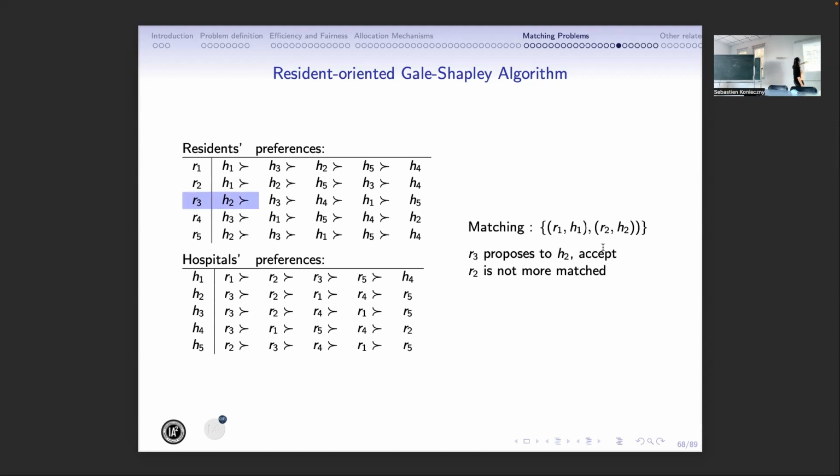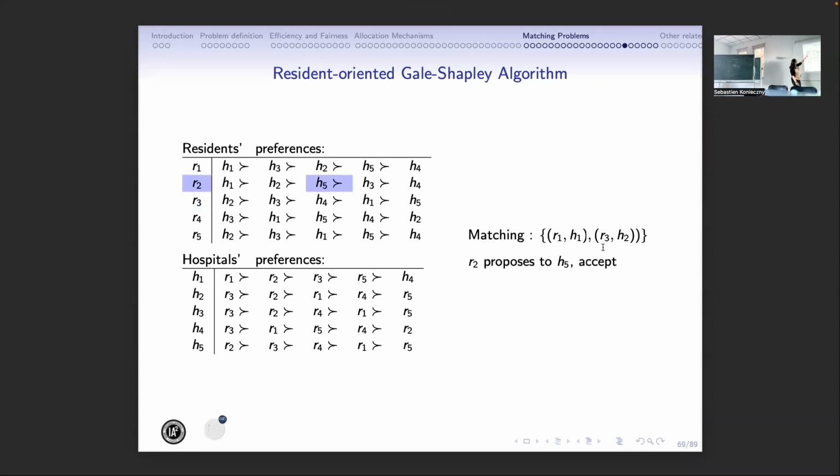So H2 will accept the proposal of R3 and will quit R2, who was previously matched with it. So R2 is no longer matched. We return to R2. R2 has already proposed to H1 and H2, so she will then propose to H5.